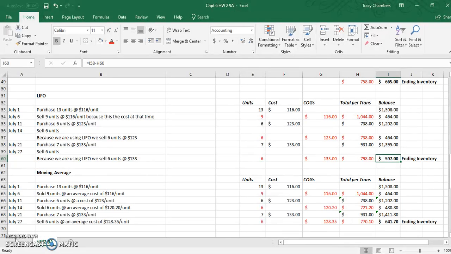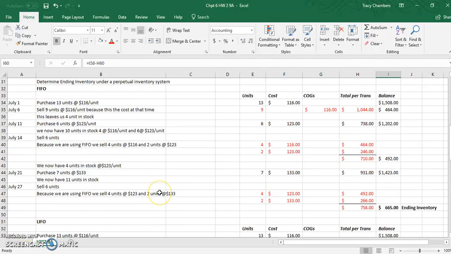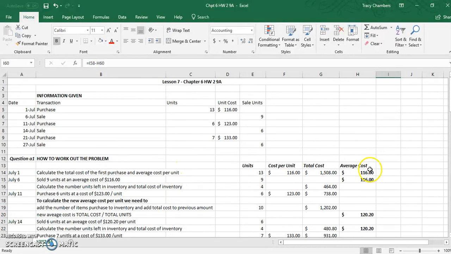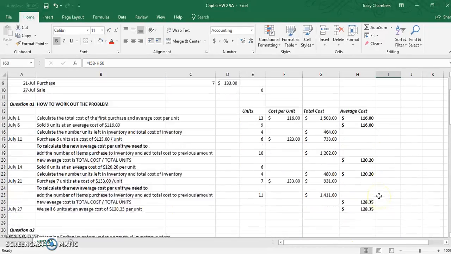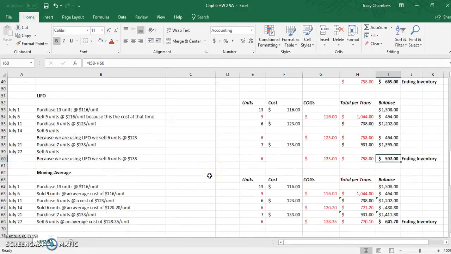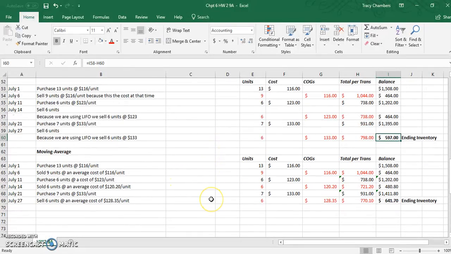To calculate our ending inventory for our moving average, I went back to my original calculation of my average cost per unit, and I used those numbers in my calculation here. So we purchased 13 units at $116. We get our balance. We sold 9 units at $116.